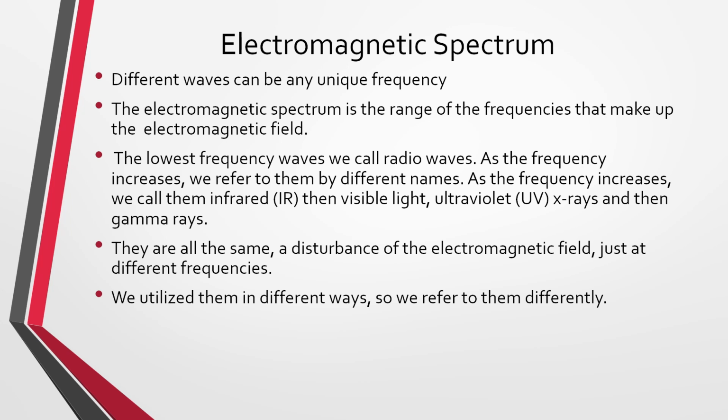A very obvious property that was already stated is that as frequency changes from radio waves to infrared to visible light, the amount of energy that's contained in the wave will increase also. So from our standpoint, we can use them in different ways because of the different energy contained in the different frequencies of electromagnetic waves.